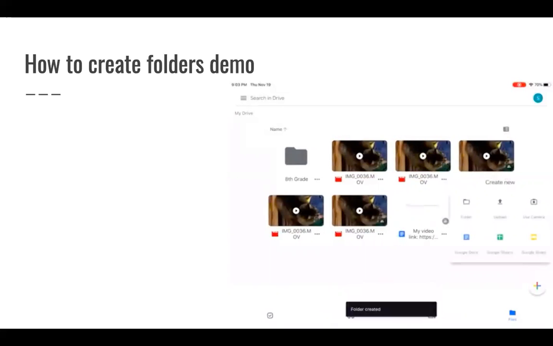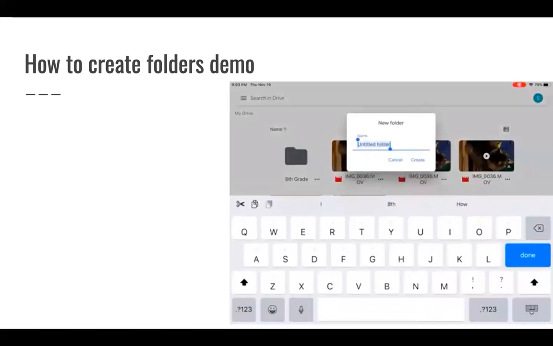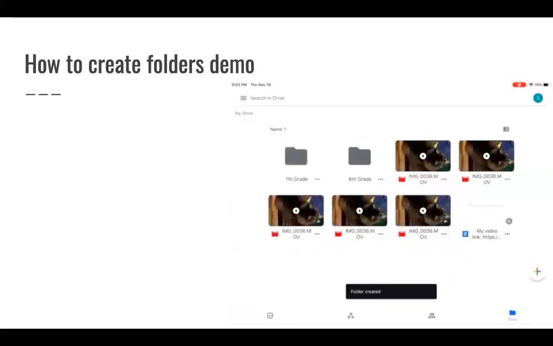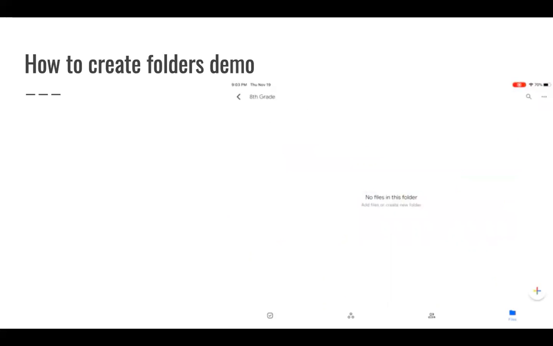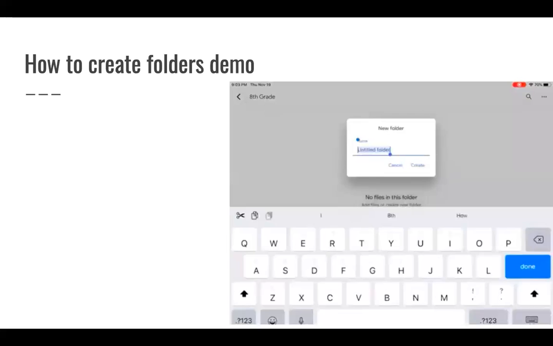I can make as many folders as I would like, so maybe I want another folder for 7th grade. I'm going to create that one as well. So now what I can do is click on my 8th grade folder, and maybe I want to make more folders in my 8th grade folder, maybe one for each class.